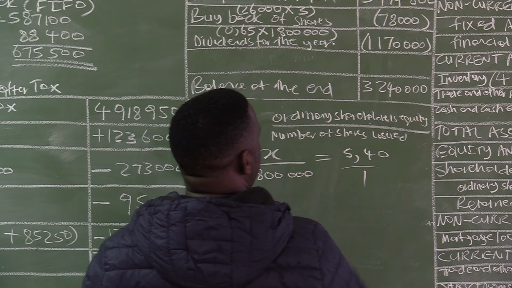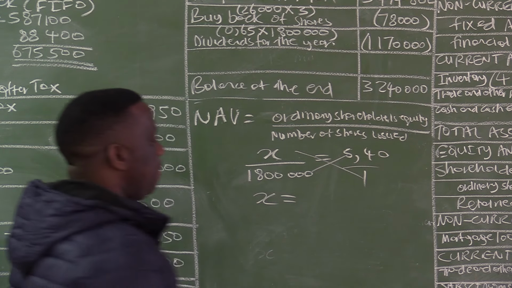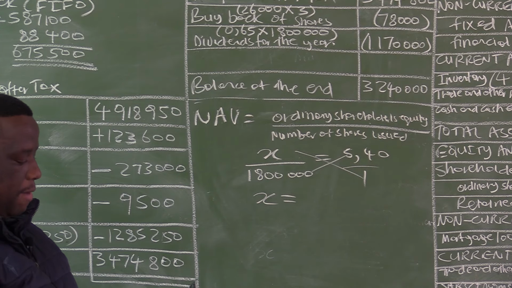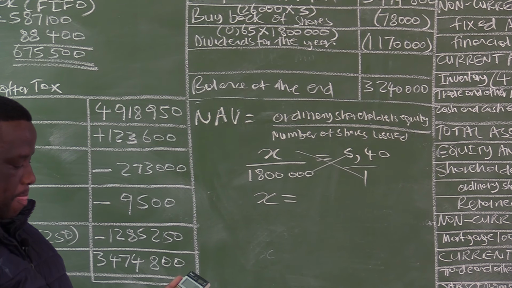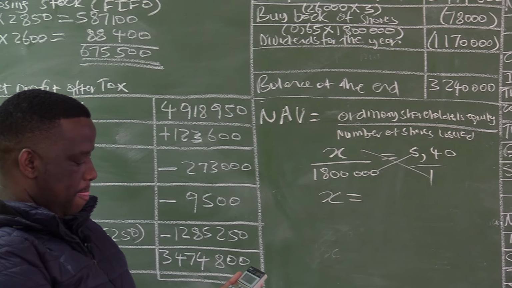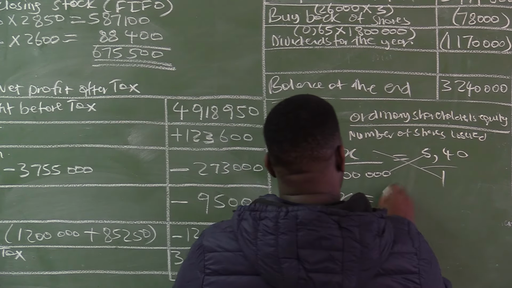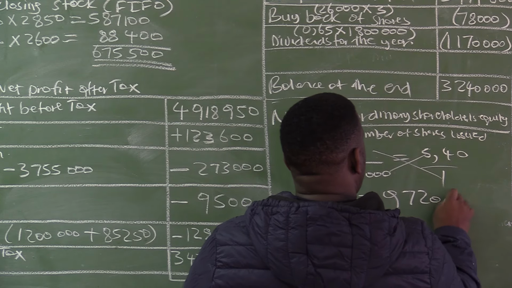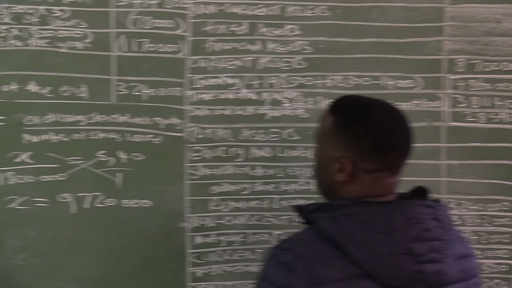That's like over 1 here, and then you cross multiply. So your X will be 1,800,000 multiplied by 540, which is 9,720,000.